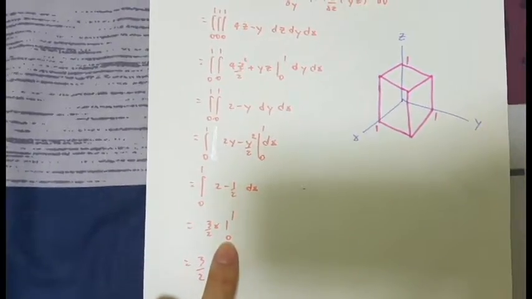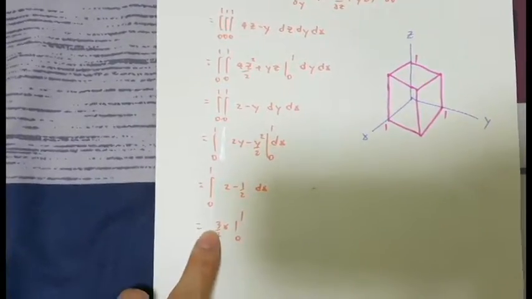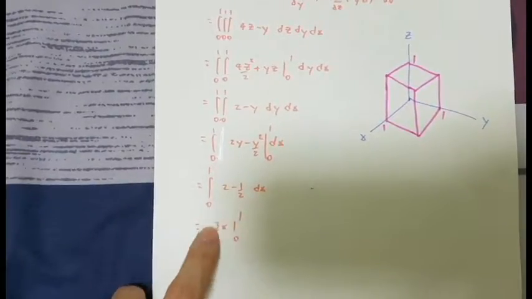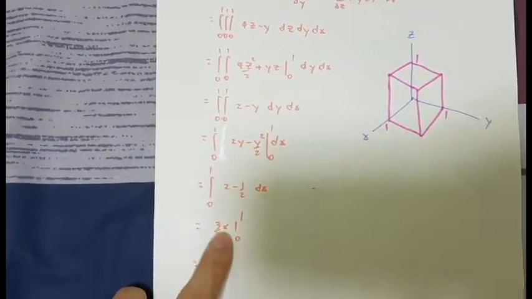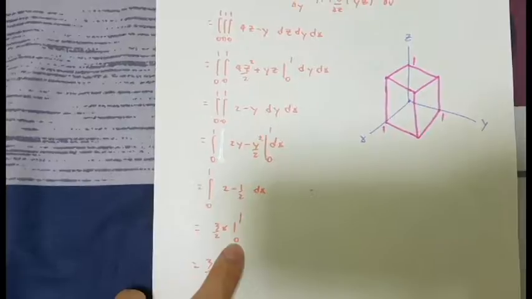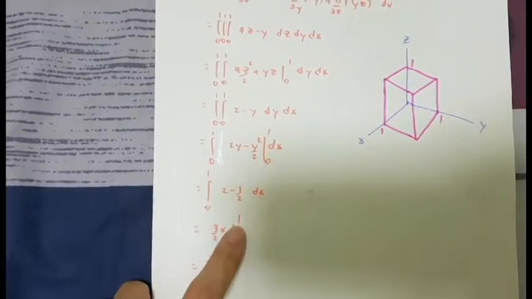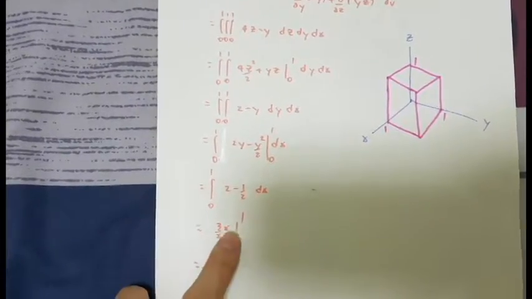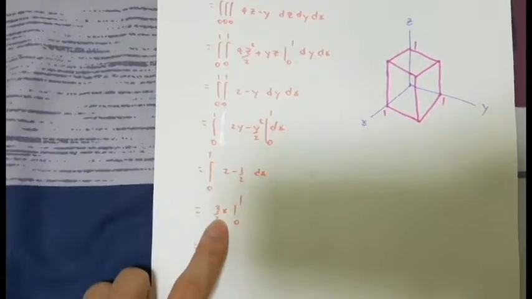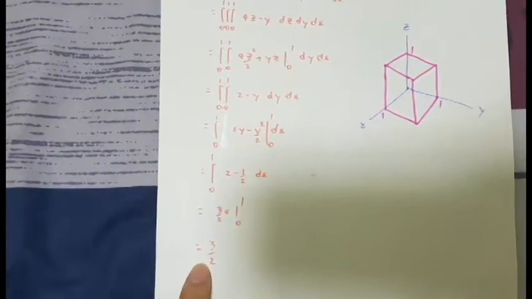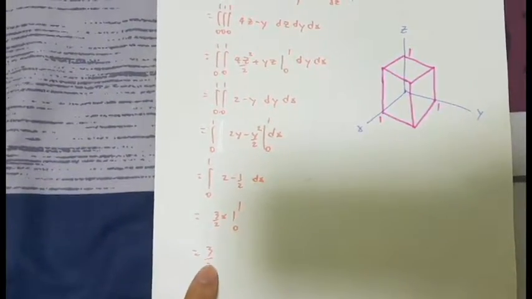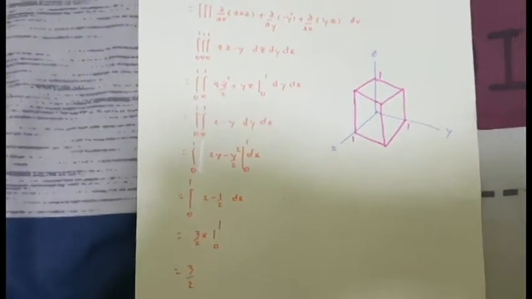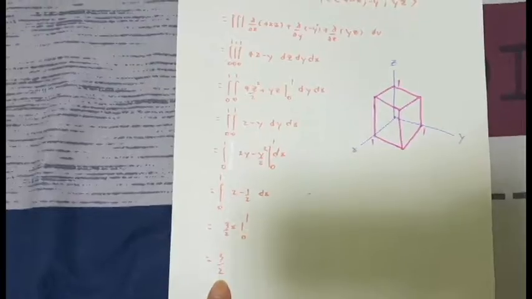Next we integrate, and we will get 3x over 2 from 0 to 1, and substituting 1 for x, we will get 3 over 2, which equals the previous result.